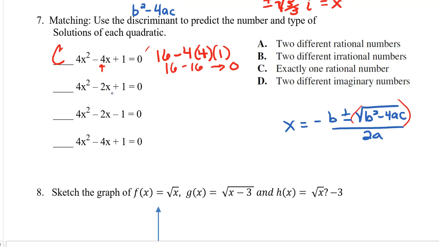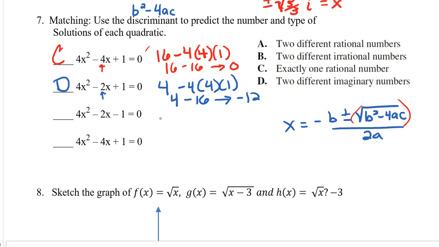In the next one, our b squared would become positive 4, minus 4 times a, which is 4, times c, which is 1. So now we have 4 minus 16. So we would get a negative 12. And when we take the square root of a negative 12, we would get our two imaginary answers.